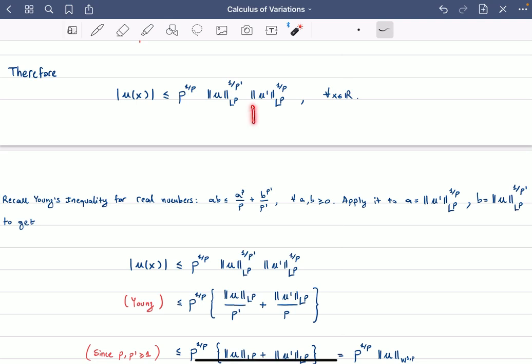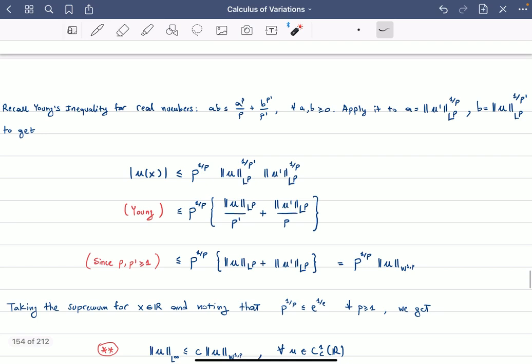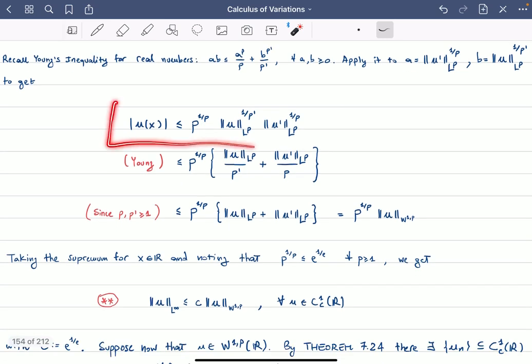Yeah, so this would be our a, and this instead is b. Using this estimate, from the last one we obtained, by Young's inequality, we get that this is less or equal than the u L^p norm to the p over p prime plus the u prime L^p norm to the p over p.